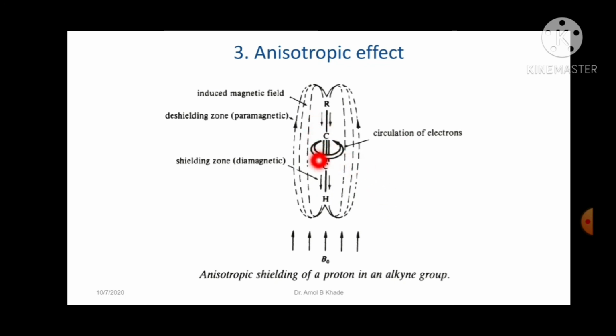This is exactly diamagnetic, and the protons attached to this carbon-carbon triple bond exactly oppose the applied magnetic field B0, and that's why they are protected in a very strong way from B0. They are in a diamagnetic zone. They are shielded protons, and so they will appear towards the shielding zone, towards 0.